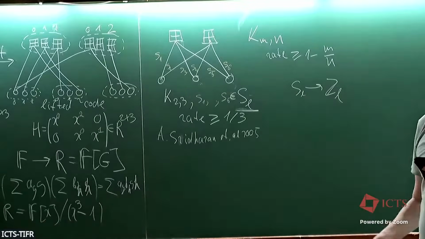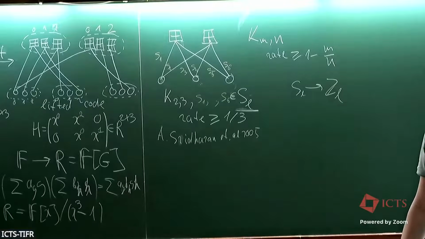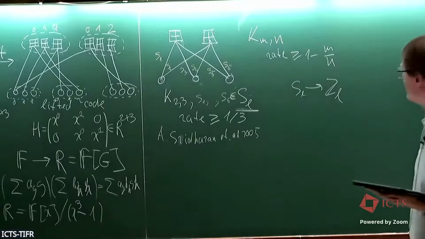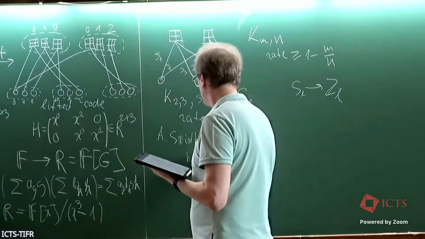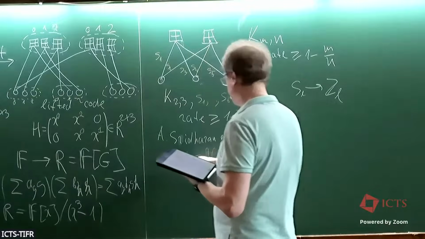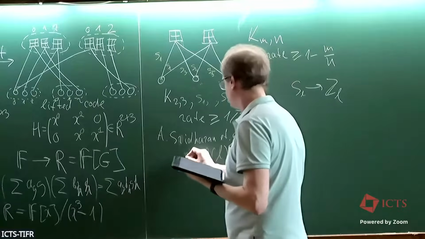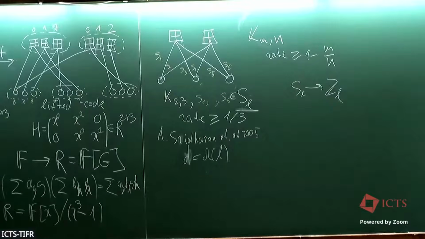What's the distance we would have? So here, the distance of the code grows at least like the size of the lift. And what happens if we just replace by cyclic group? Anyone wants to guess?